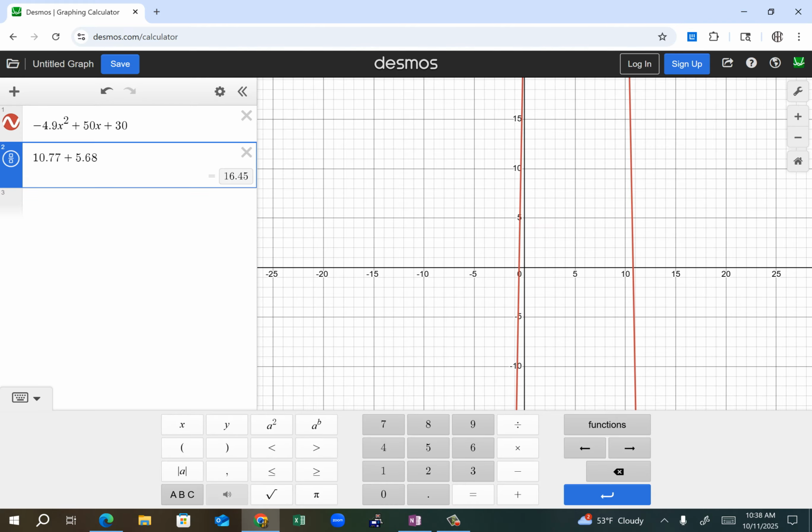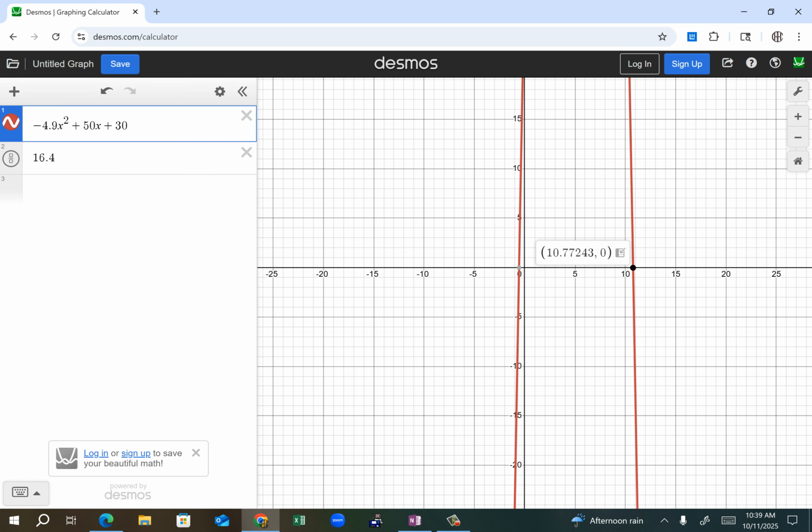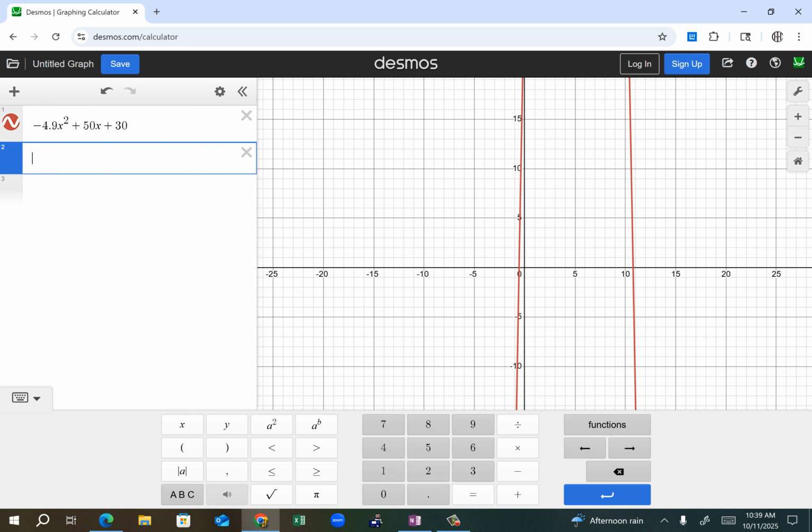The distance from 10.77 to negative 5.68 is 16.45. 16.45 divided by 2 is 8.22. Then 10.77 minus 8.22.